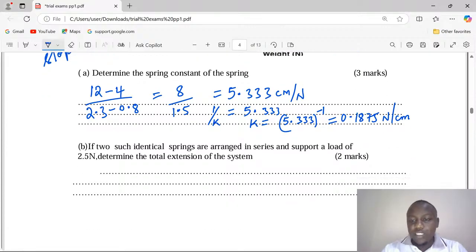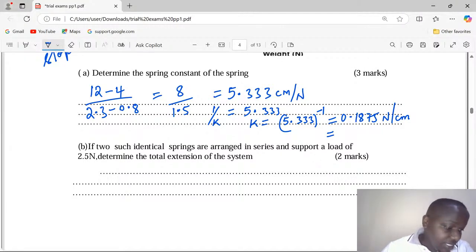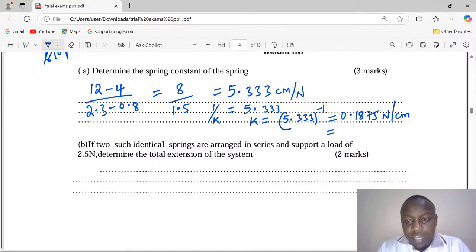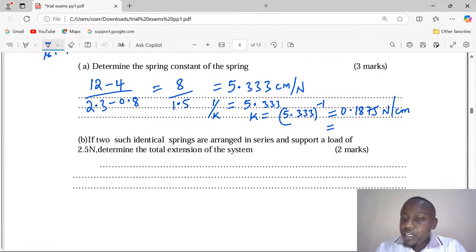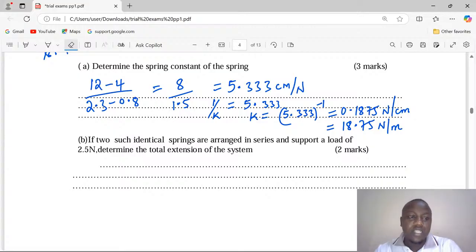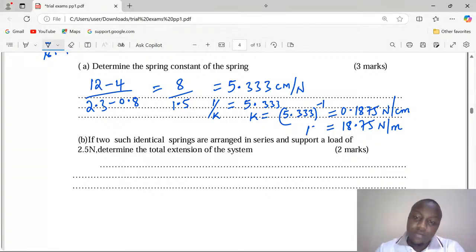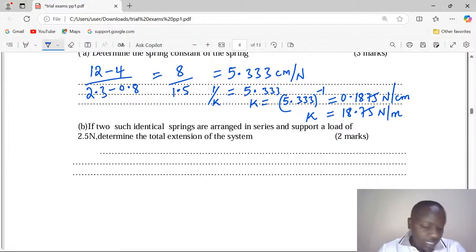We can also put it in SI units. If that is per centimeter, then per meter, you multiply by 100. This is going to be 18.75 newtons per meter. This is going to be the extension. No, not the extension, sorry. The spring constant. Yeah, that is its value.